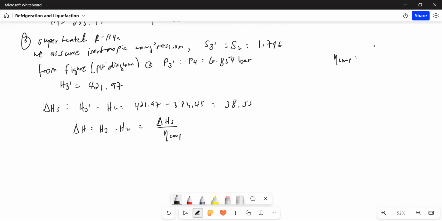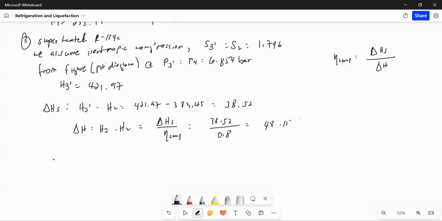Remember, for a work-requiring device, delta HS is smaller. So just rearrange: 38.52 divided by 0.8. The answer is 48.15 kilojoules per kilogram.